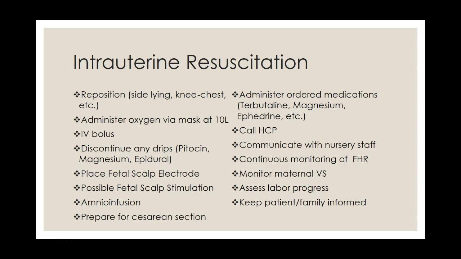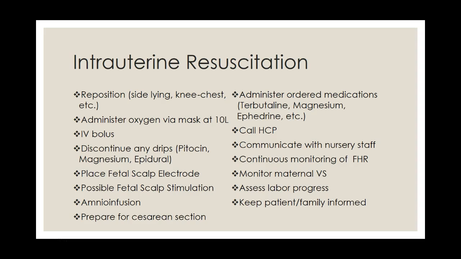And what do variables mean? Variables mean that there's cord compression somewhere. What helps our cord to not be compressed? Amniotic fluid. So we may have to run some extra fluid into the uterus. If we do that, it's very important for us to monitor intake and output, because if we're putting a whole lot into the uterus and nothing's coming out, then we have the potential to rupture the uterus.